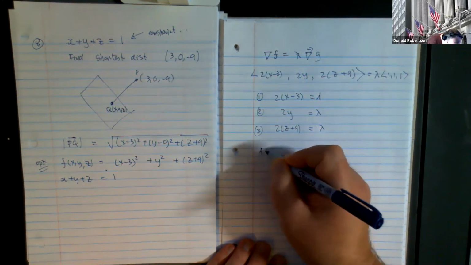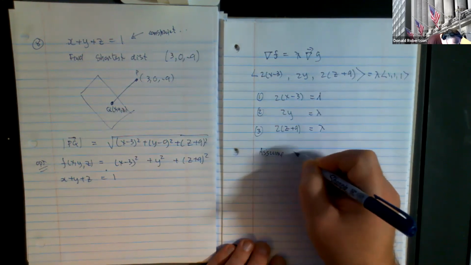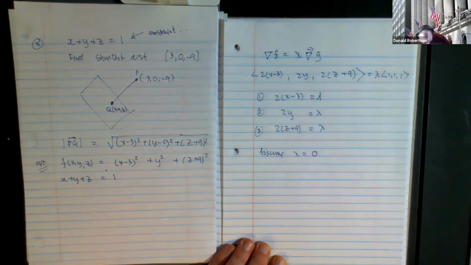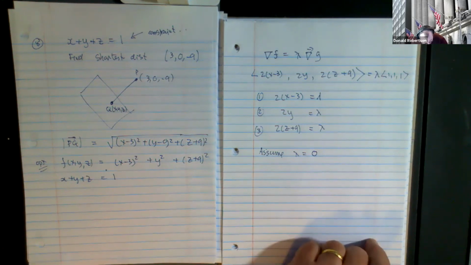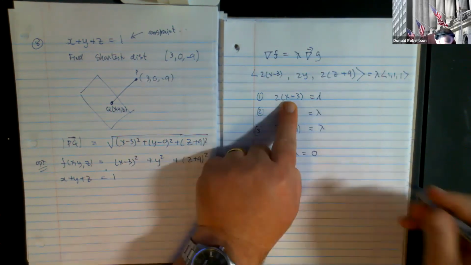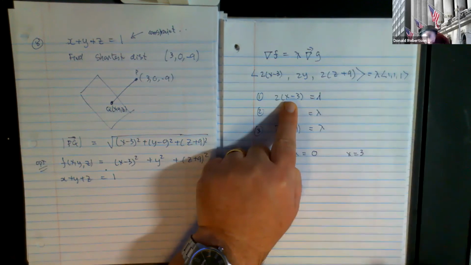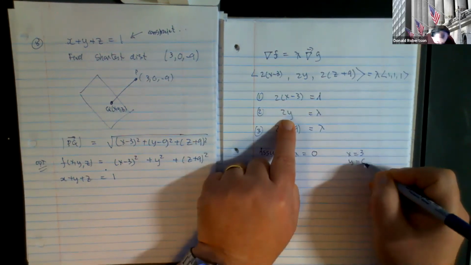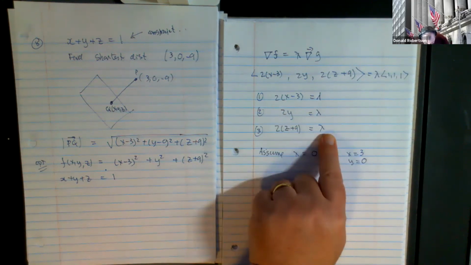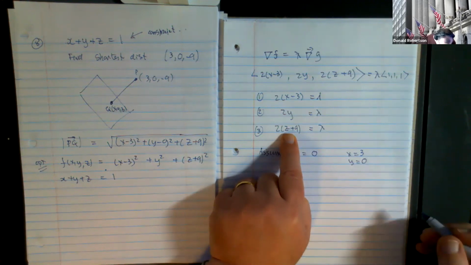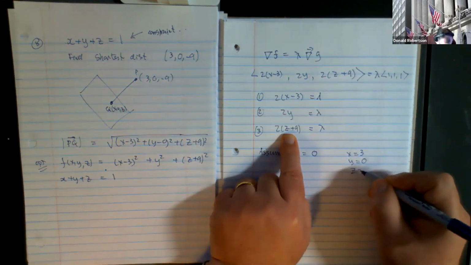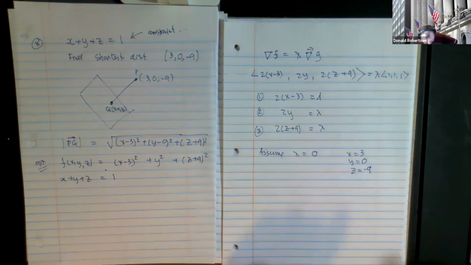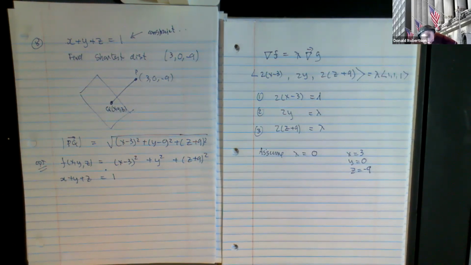Now, let's assume that lambda equals 0. And I'll try and cut some corners here. If lambda is 0, would you agree that the only way that's going to happen is if X is 3? If lambda is 0, the only way that's going to happen is Y is 0. And if lambda is equal to 0, the only way that's going to happen is when Z is negative 9. Agreed?